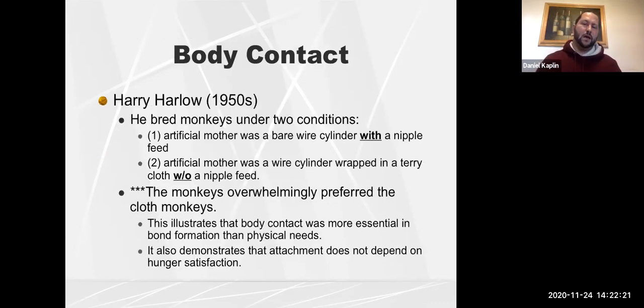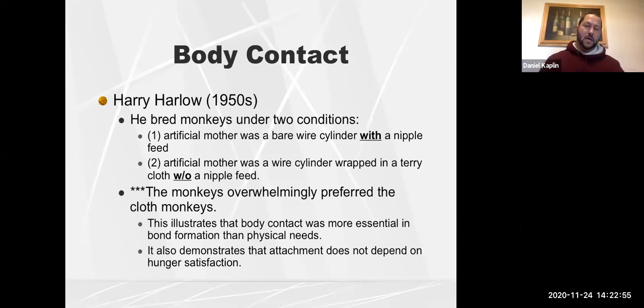When we talk about body contact, one of the key studies comes from Harry Harlow. Harry Harlow bred monkeys under two different conditions. All of the monkeys were separated from their biological mother, and one was raised by an artificial mother wrapped in something like chicken coop or coil wire. At the top, it had a nipple to feed the child.